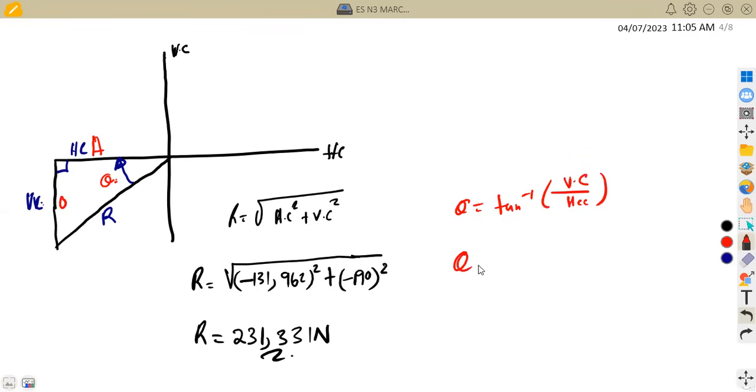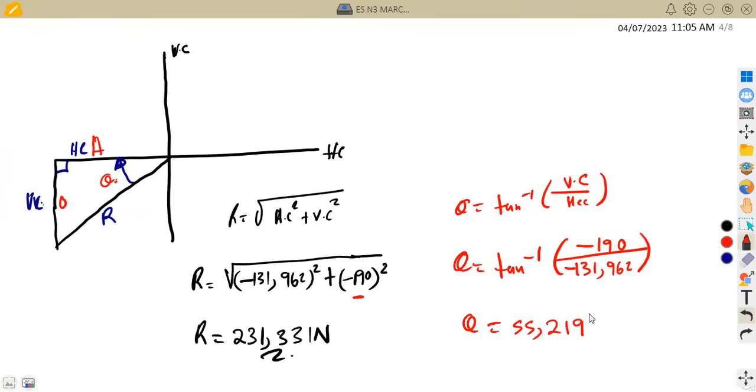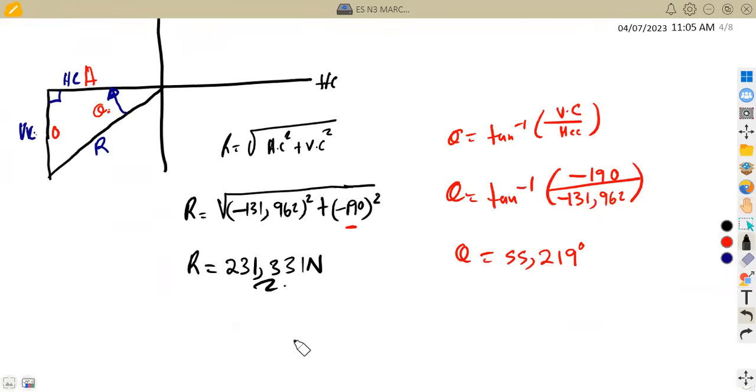So theta is equal to arctan of the vertical component, remember your vertical is negative 190, over the horizontal, which was negative 131.962. That gives us theta as 55.2185 and so on. If you round it off to 3 decimal places, it is 55.219 degrees.